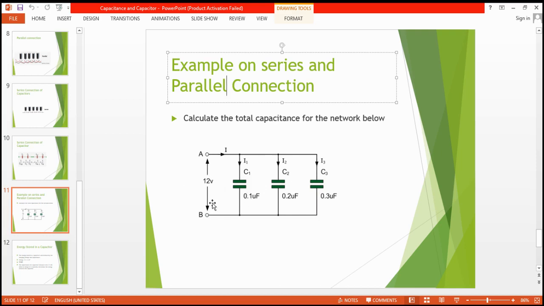If you prove this in your notebooks, as you can do after this session, you can go and try it yourself. From this you can also calculate the charge across each capacitor, and of course the voltage drops across these individual capacitors will be the same. Why? Because of the series connection.